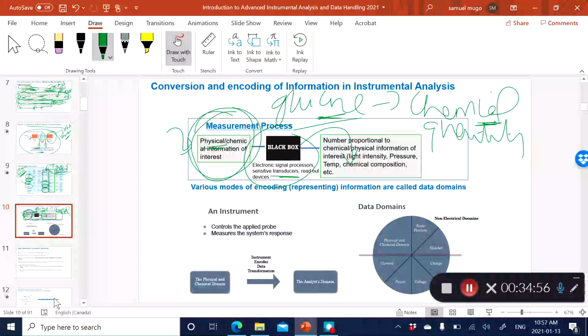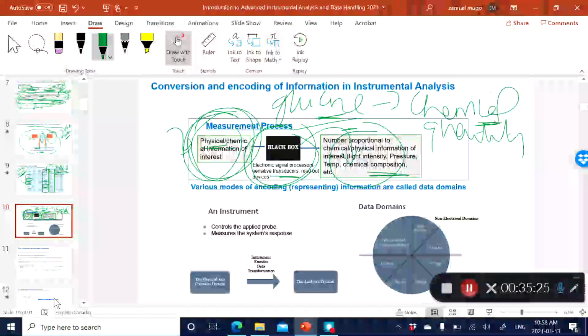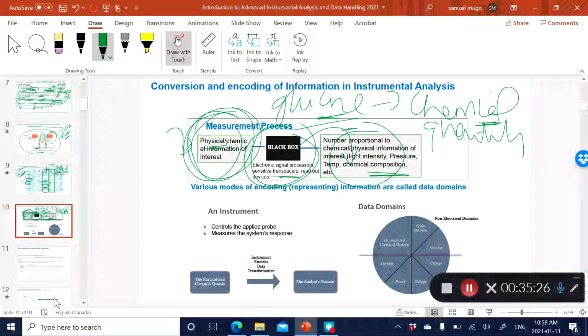I do not care about the electronics; what I'm caring about is the amount of glucose present in blood. So you can see there are multiple domains at play when you're doing instrumental methods. I'm interested in a physical quantity. The instrument can only handle electronic language, but in the end, what I'm really interested in is a chemical or a physical quantity again.